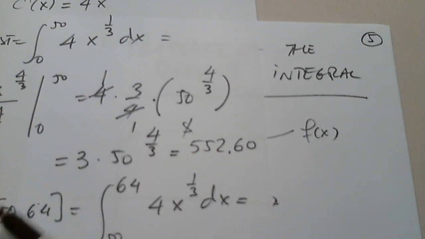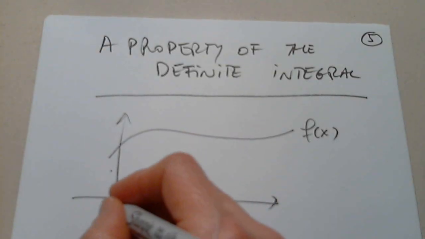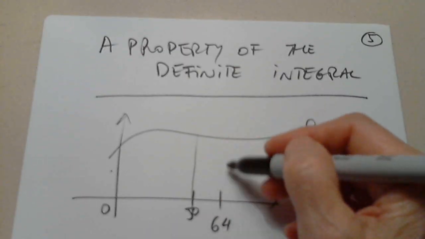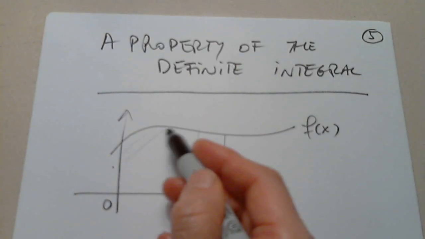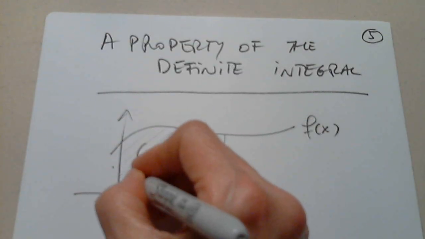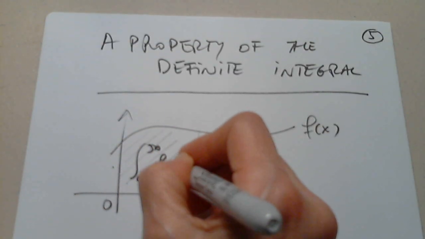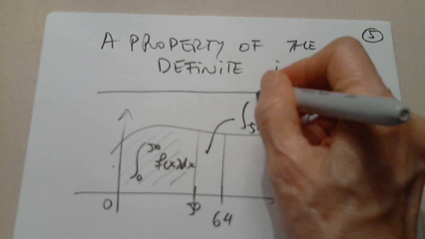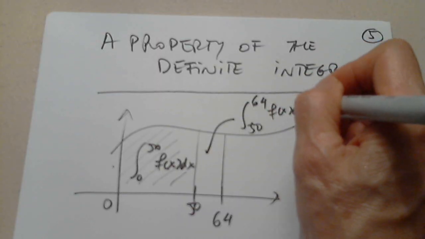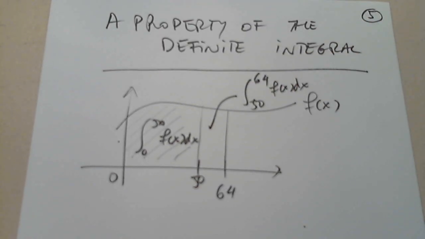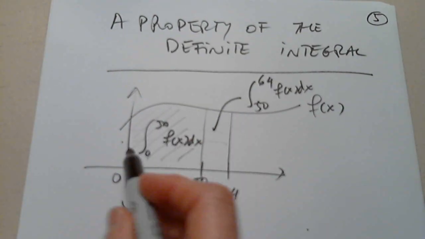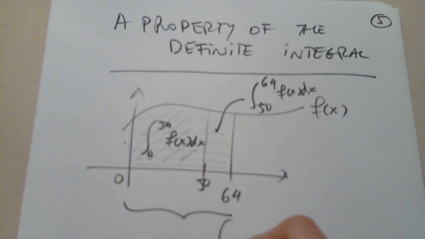We had from 0 to 50 and 50 to 64. Initially, we determined this first integral, the integral from 0 to 50 of f of x dx. And then we determined this integral from 50 to 64 of f of x dx. But if we want to determine this whole area, this will be the integral from 0 to 64 of f of x dx.